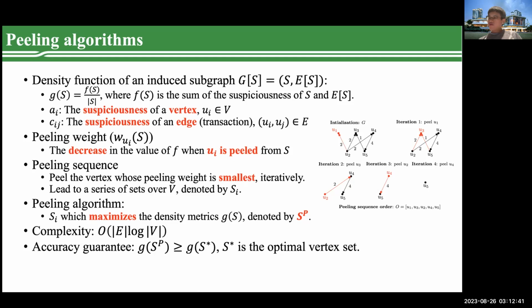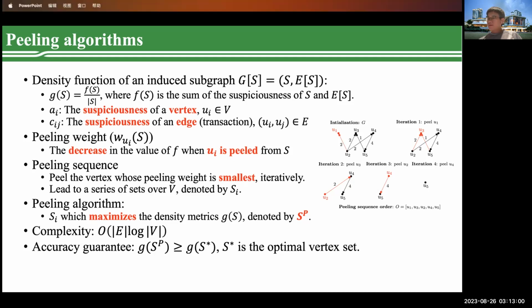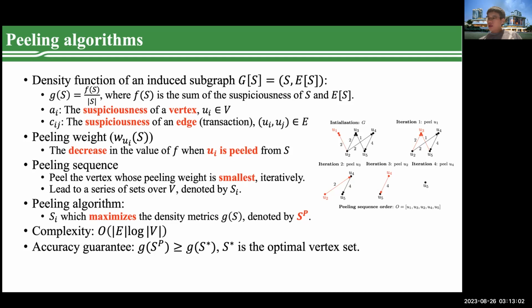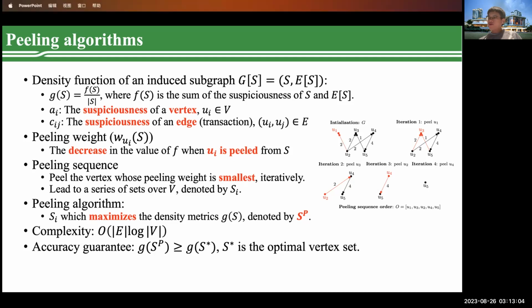The peeling sequence involves peeling the vertex with the smallest peeling weight. This results in a series of sets over V, denoted as S_i. Our peeling algorithm finds the set S_i that maximizes the density metric g(S), denoted by S^P. The complexity of the peeling algorithm is O(E log V).